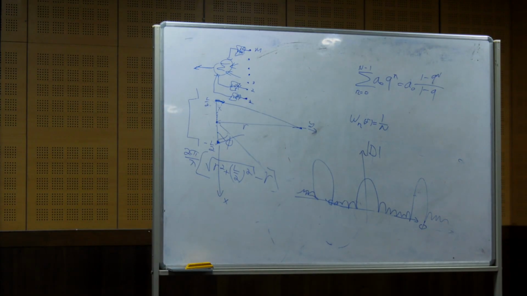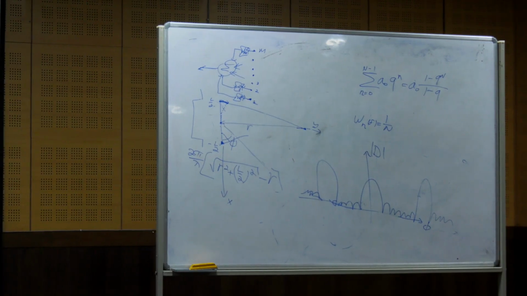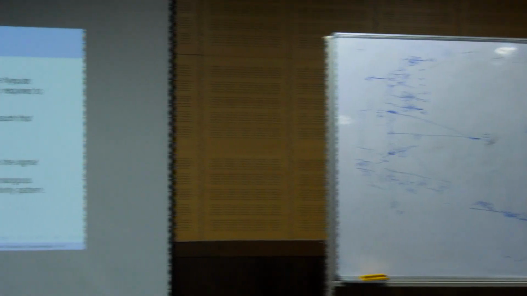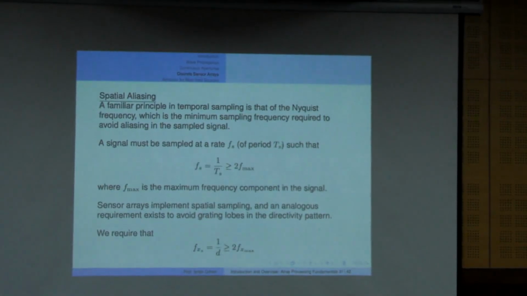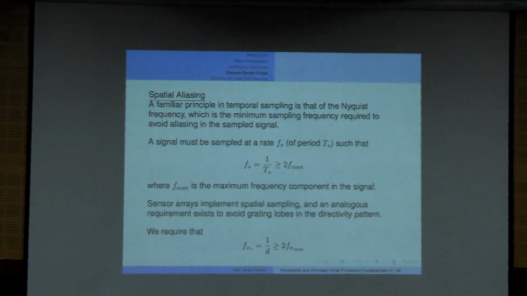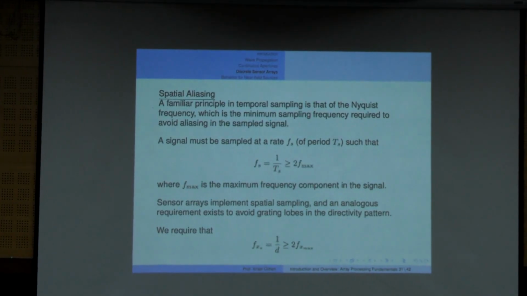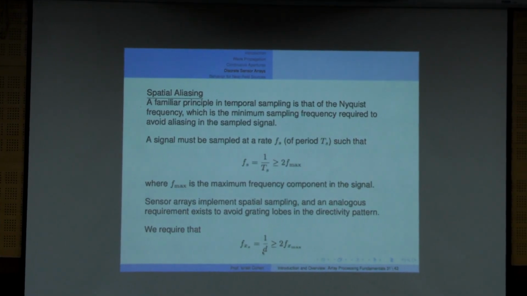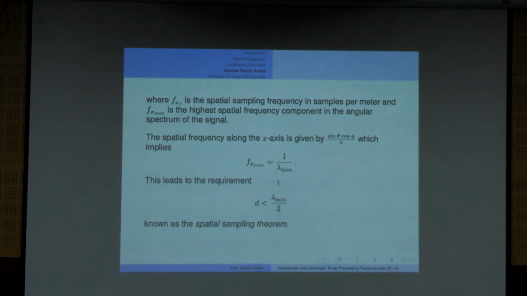So if we want to avoid aliasing, we need that when we sample the aperture, the sampling frequency, which is 1 over d, where d is the distance between sensors, will be larger than the maximum frequency change within this aperture, which is 1 over lambda min, the minimum wavelength of the signal.